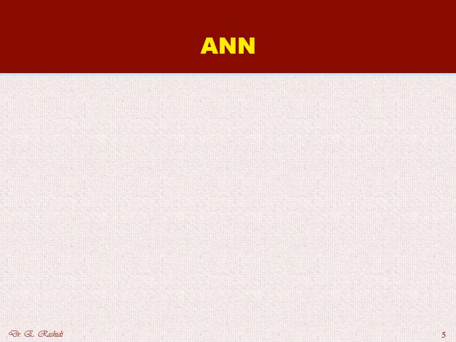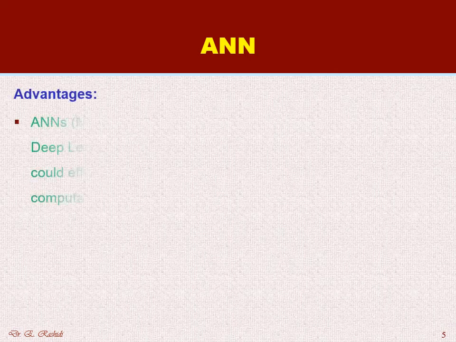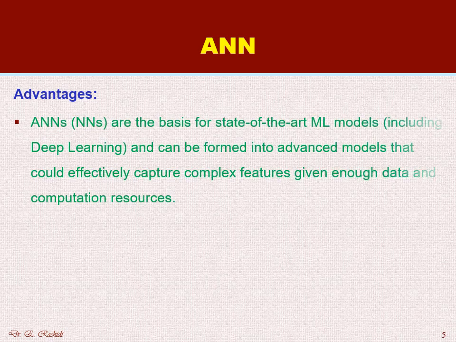Let's now take a look at the advantages and disadvantages of artificial neural networks, starting with the advantages. Artificial neural networks, which are also called neural networks, are the basis for state-of-the-art machine learning models, including deep learning, and can be formed into advanced models that could effectively capture complex features given enough data and computation resources.